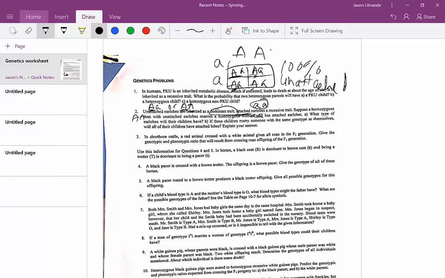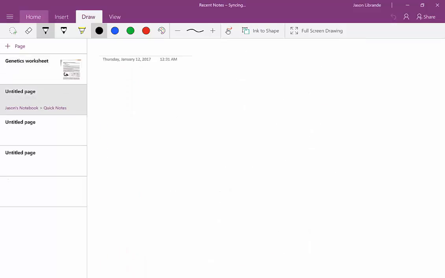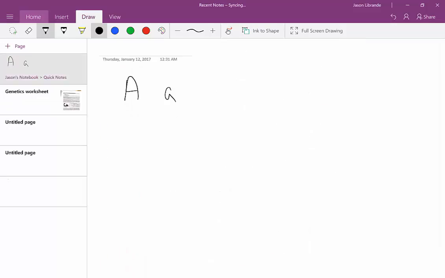Okay, so that solves part A. Part B: if these children marry someone with the same genotype as themselves, will all their children have attached earlobes? Let's do that cross. We know all their children are going to be heterozygous. Let's go to a new page. Here we're just going to cross heterozygous children with another heterozygous person.